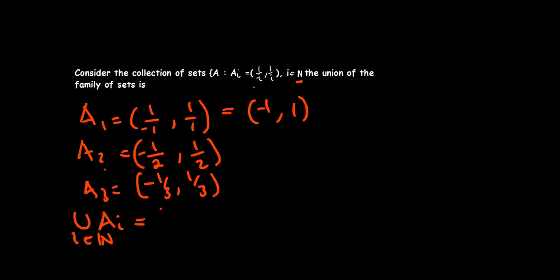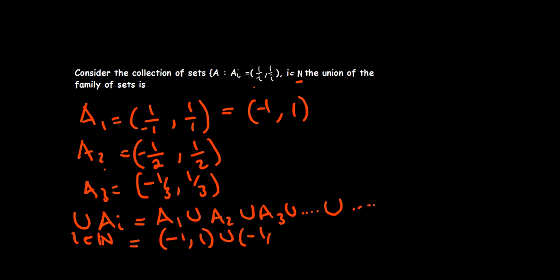In this case, we say A1 union A2 union A3, and this goes up to infinity. So if we write these sets, negative 1 comma 1 union negative half comma half union negative 1 over 3 comma 1 over 3, and this continues to go up to infinity, we see that this set here is smaller than this one here.